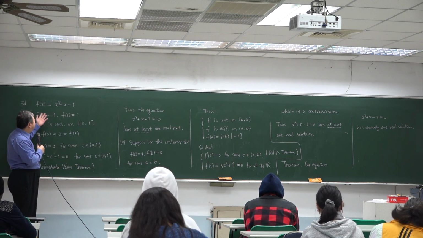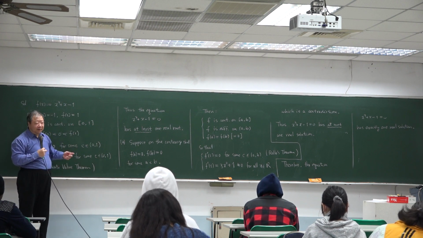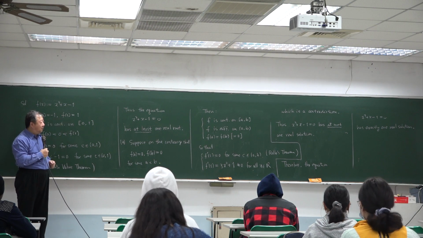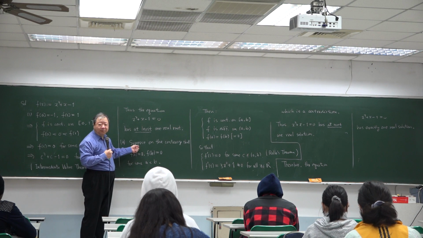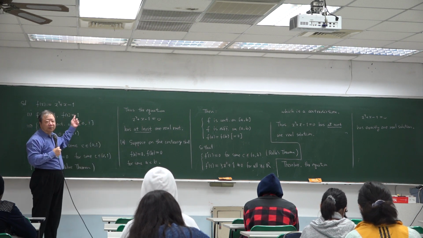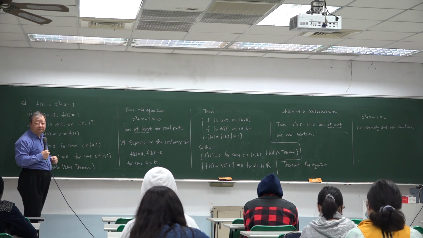So, in fact, the first part was already learned before. The essential part of this example is the second part, at most one real root. At least one real root was already solved before.